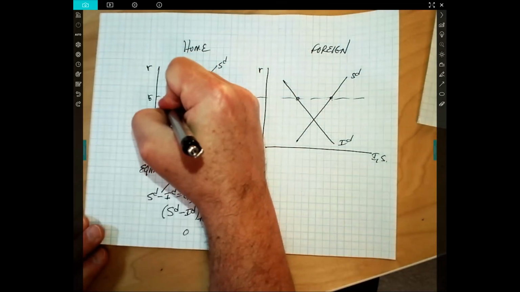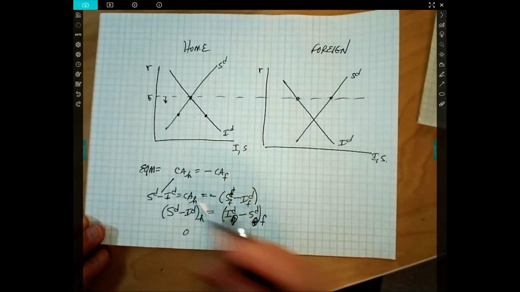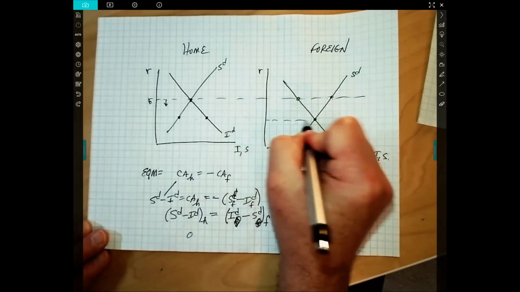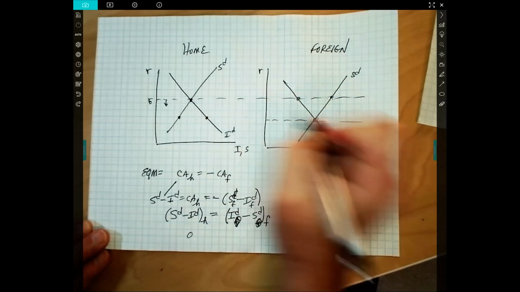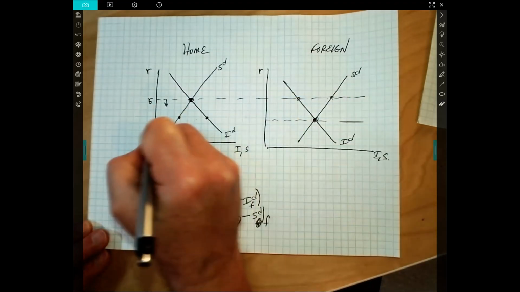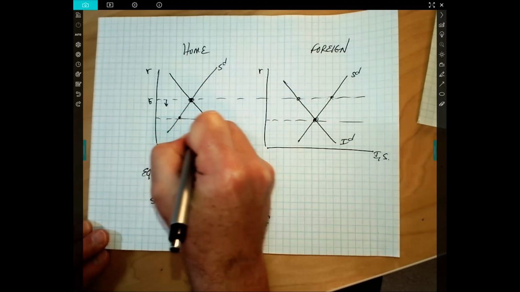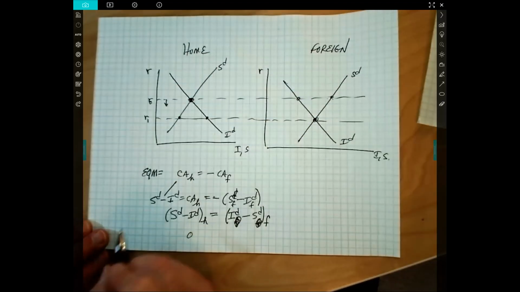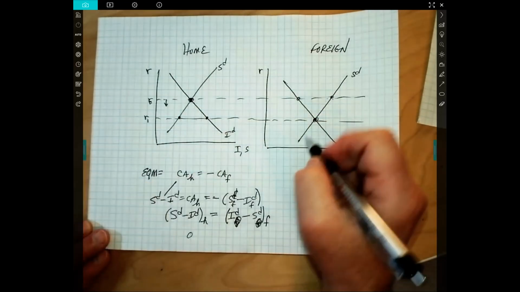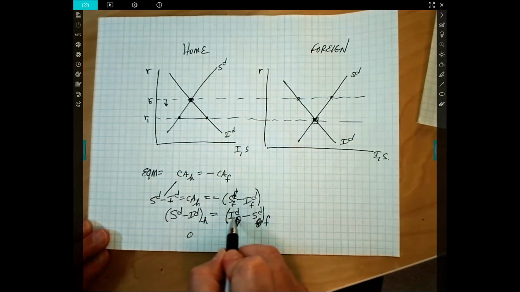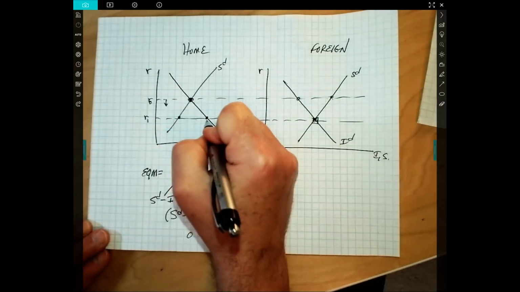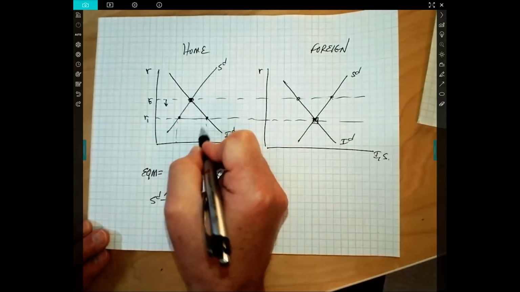The interest rate's going to go down because there's a surplus. Could it go down to this level? It's easy to pick these points off to make the point. Could the real world interest rate be there? The answer is no, same reasoning. The difference between saving and investment at that real interest rate in the foreign country is 0, but it's negative over here.